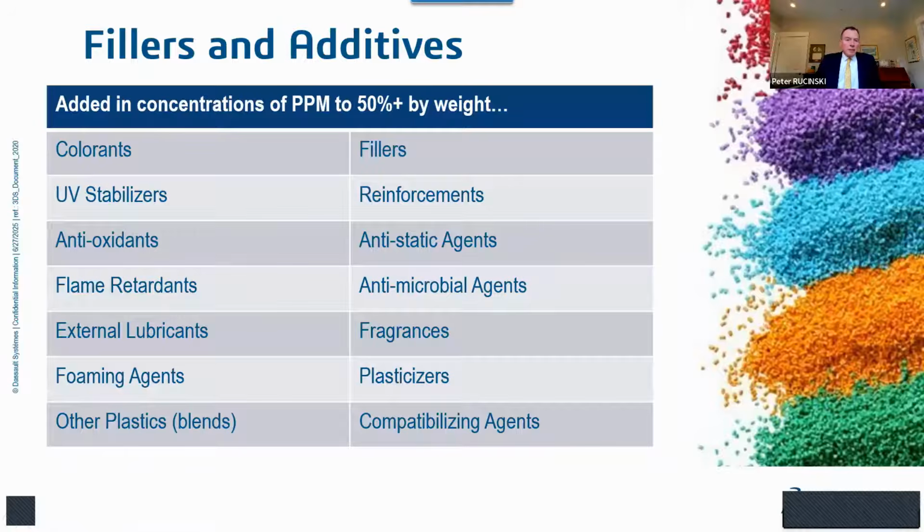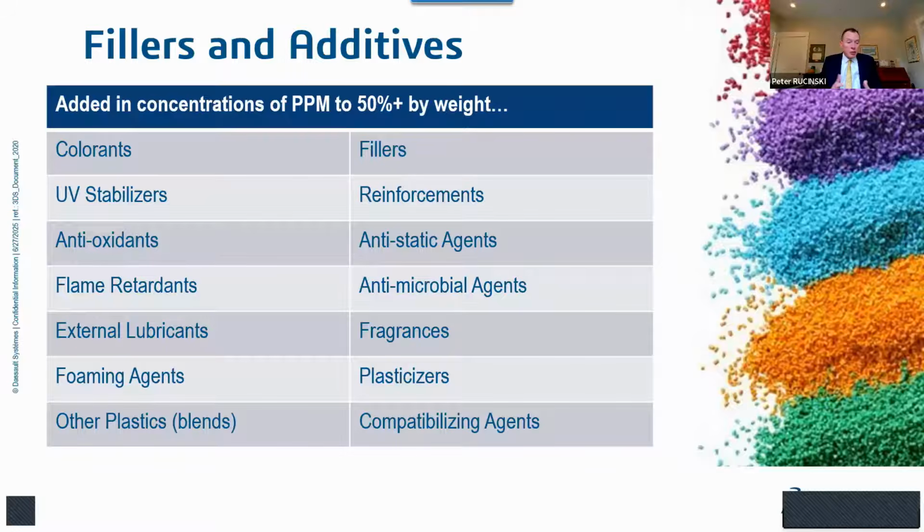And then I mentioned this earlier. Plastics are one of the reasons why they're the most versatile materials on the planet is that they can very easily be customized or tailored to meet the very specific application requirements of lots of different kinds of products across a broad range of industry. We do that by adding the kinds of things that you see on this slide: colorants, UV stabilizers, antioxidants, foaming agents, other plastics.